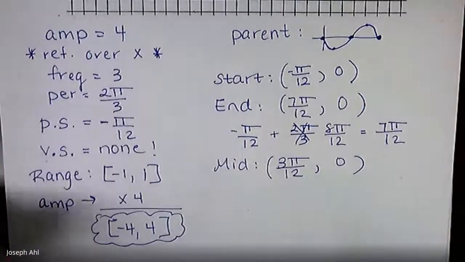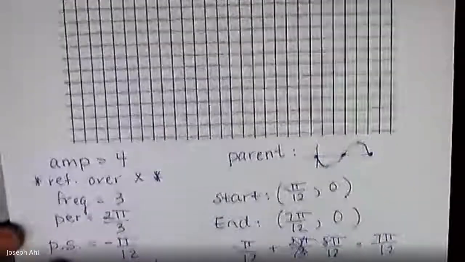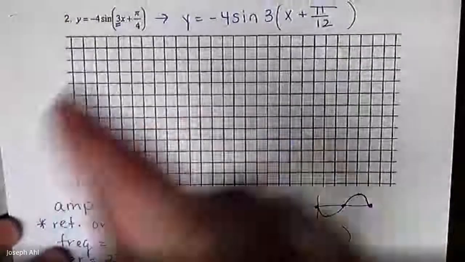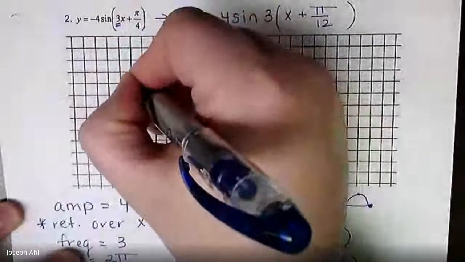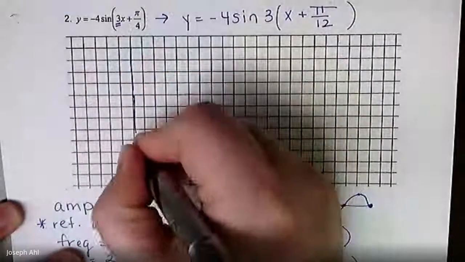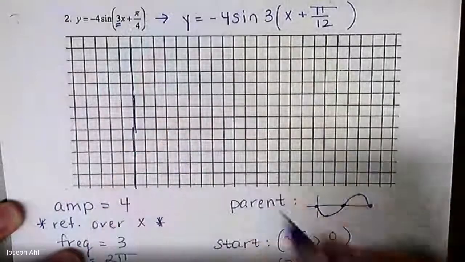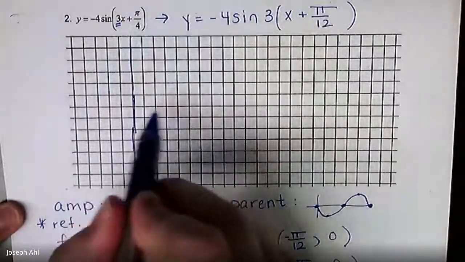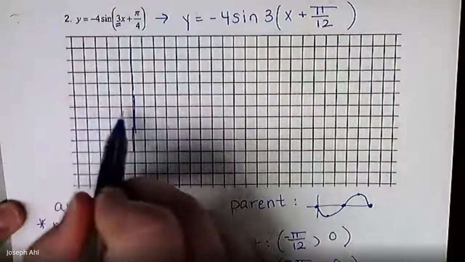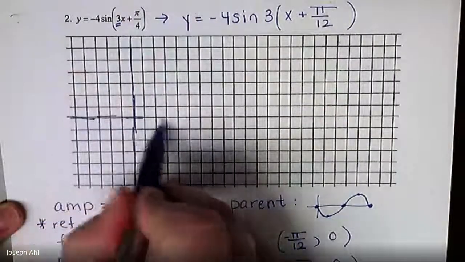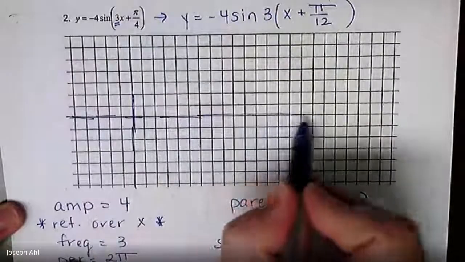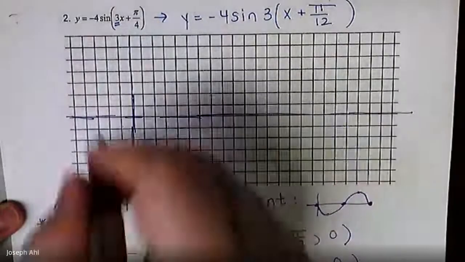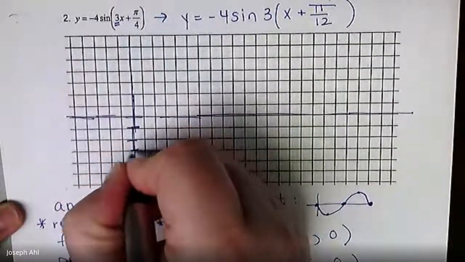All right, we're ready to start sketching here. So if I come over, we're not really shifting all that far to the left again. So when I draw my axes, I am going to put my y-axis pretty far over on the left here. The range of -4 to 4 is kind of equally spaced there, right? So you can draw your x-axis as close to right through the middle as you can. Okay, now we have to think about scales.